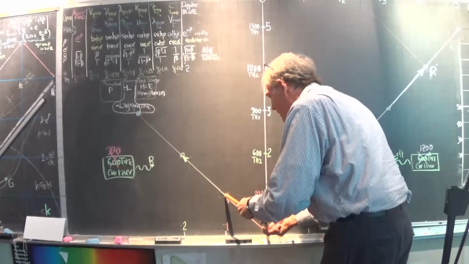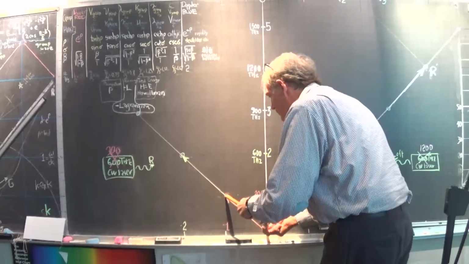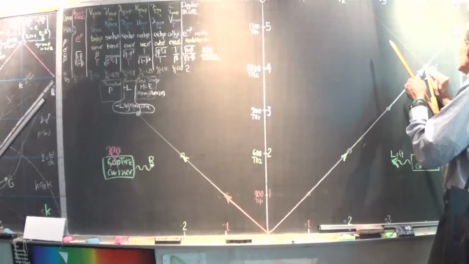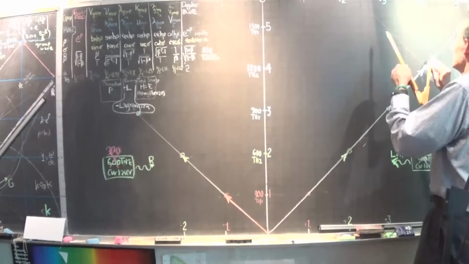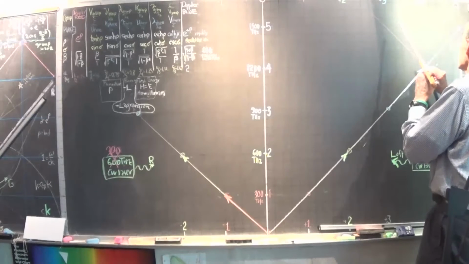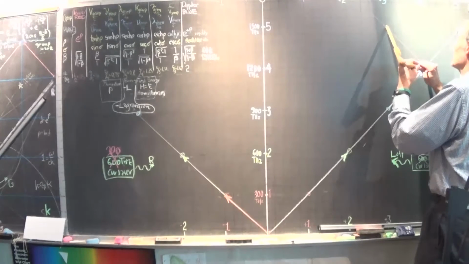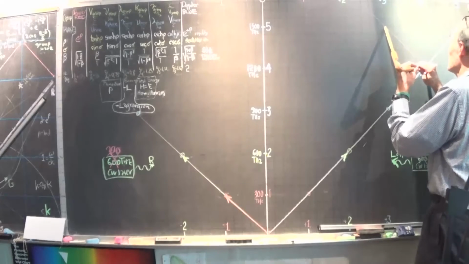So use your compass to mark off on this line the other side of what is now a rectangle. Okay? So I put the compass right on the graph point, and I get right about there.